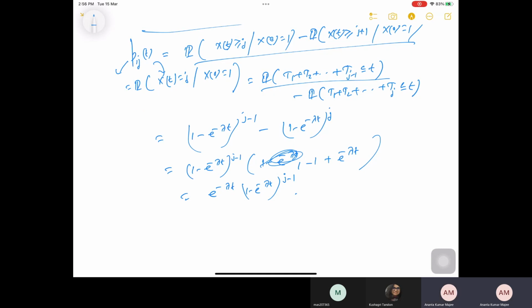Okay, so that means what? Starting with a single individual, the population size at time t has a geometric distribution with mean e to the power lambda t.